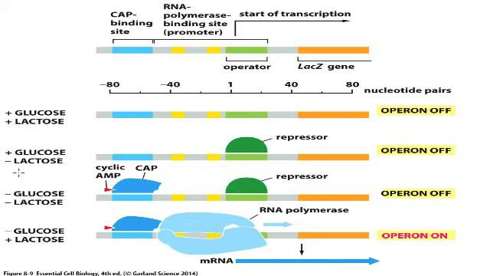Let's move to the second row. Here it says glucose is available to the cell and lactose is not. So again, looking at the CAP site, the glucose levels are high, therefore the CAP site will be unavailable because cyclic AMP levels are low, just like the case above. The only difference is because lactose is not present in the cell, the repressor binds to the operator.